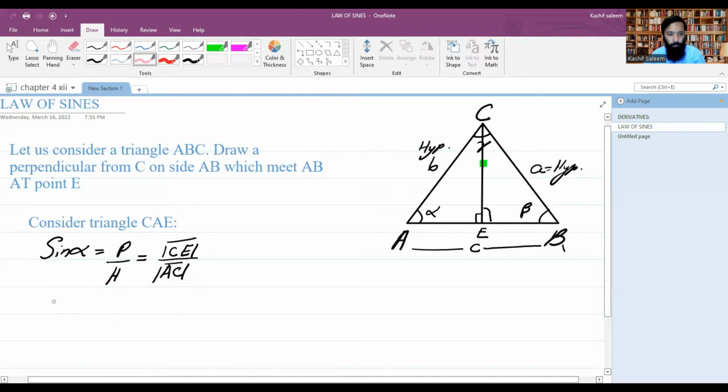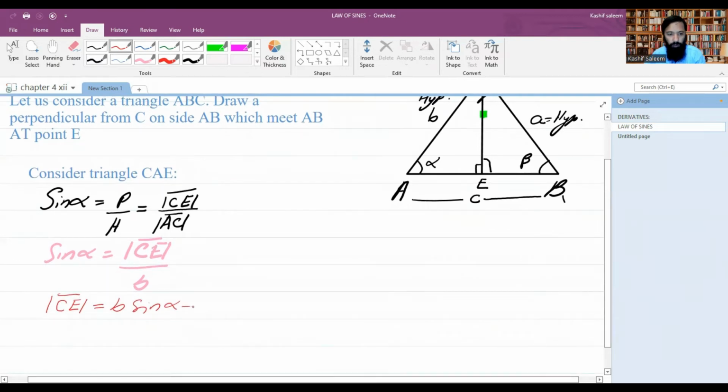So now sine alpha is equal to CE divided by b. So we have CE equal to b sine alpha. This is our equation A.